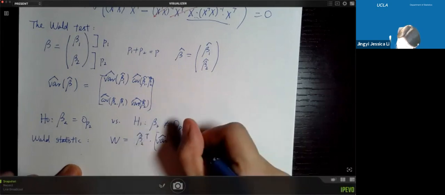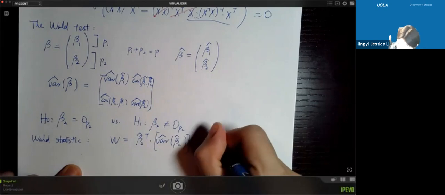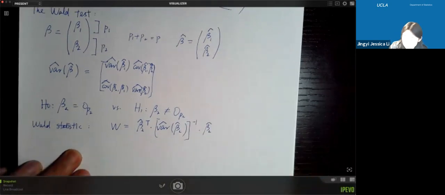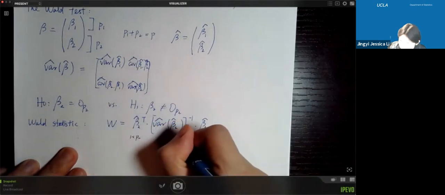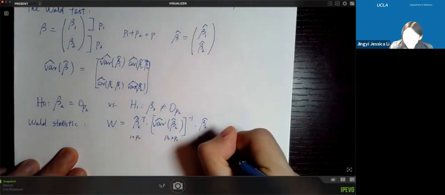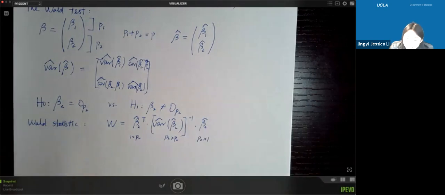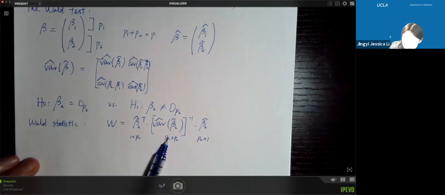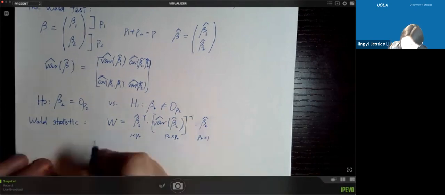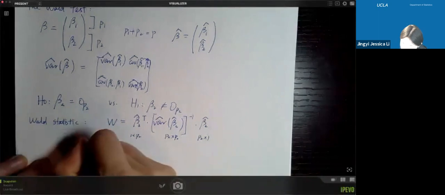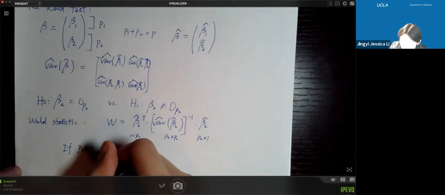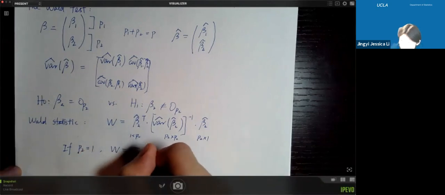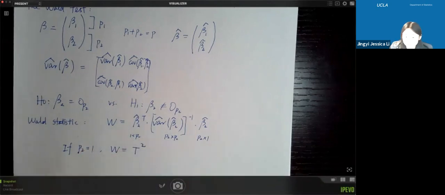Don't forget this is an inverse. You see this is 1 by P2, P2 by P2, P2 by 1, so it gives us a scalar. This is the multivariate version of the T statistic, because if P2 is 1, then W is just the square of a T statistic.